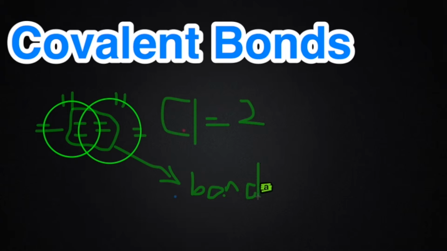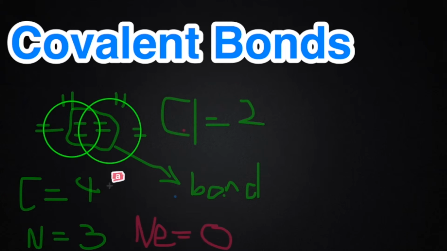For example, the compound PH3 is called phosphorus trihydride, as there are 3 hydrogen atoms in the compound. However, atoms that have a full outer shell, such as neon atoms, don't need any bonds because they already have a full outer shell.